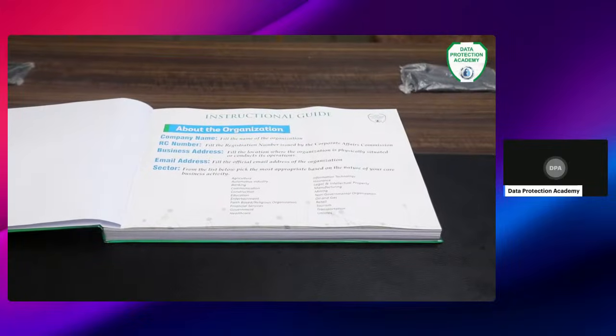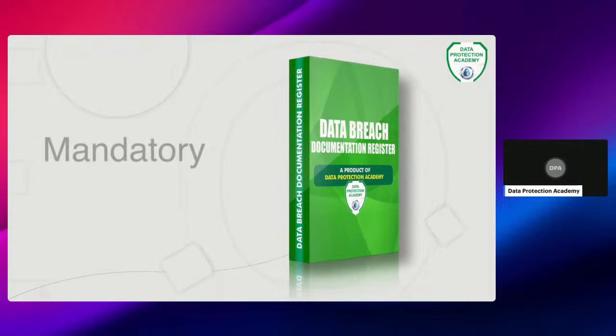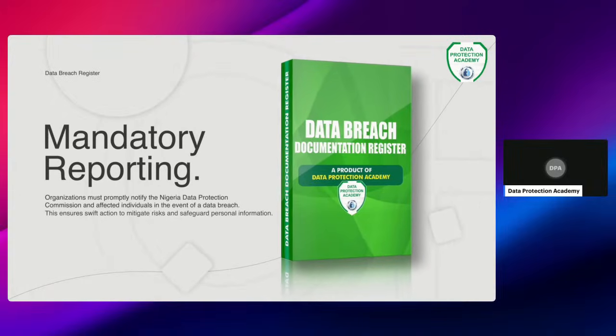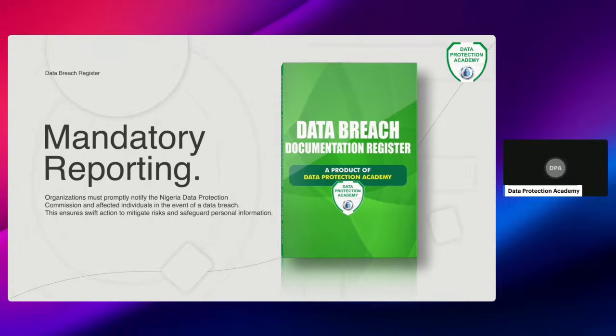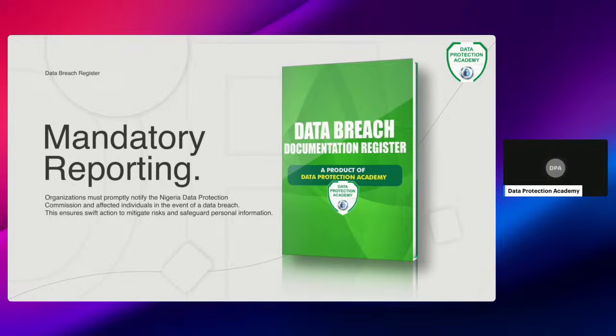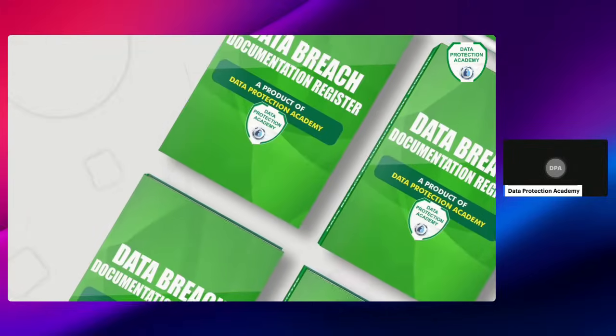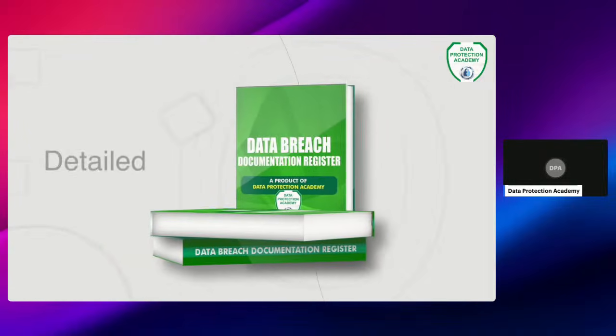Why do organizations need a data breach register? Mandatory reporting. Organizations must promptly notify the Nigeria Data Protection Commission and affected individuals in the event of a data breach. This ensures swift action to mitigate risks and safeguard personal information. Detailed records.